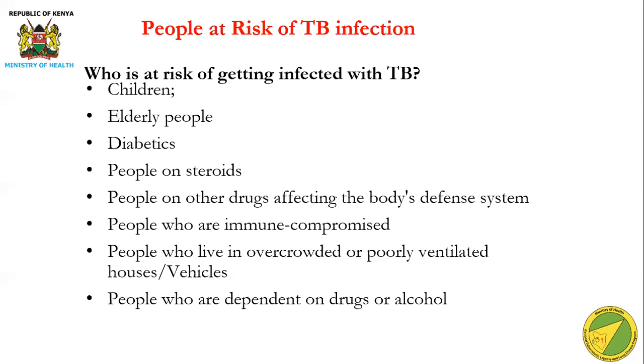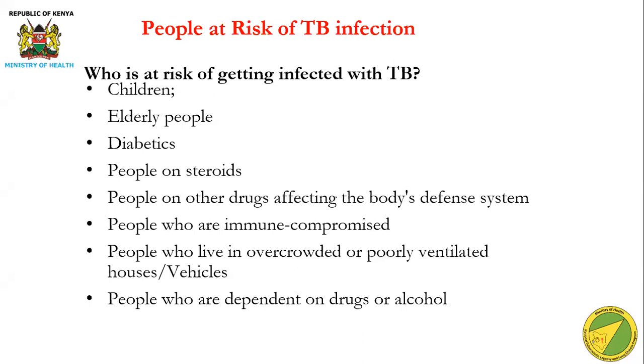People who live in overcrowded or poorly ventilated houses or vehicles, those people in informal settlements, living in overcrowded small houses, are at increased risk compared with the general population, because we've said that TB is transmitted through the air, through aerosolization as we've already seen.